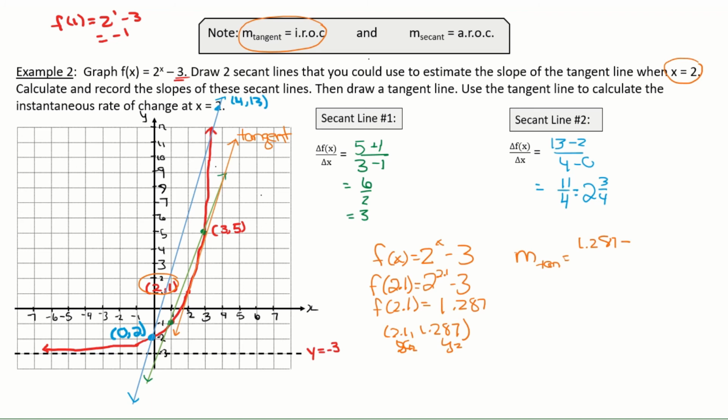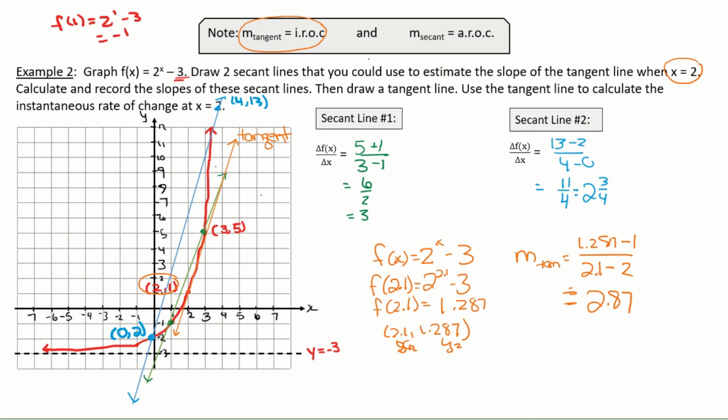Subtract, and the important coordinate that we've been talking about all along is (2, 1). Then I have 2.1 subtract 2. That gives me approximately 2.87.